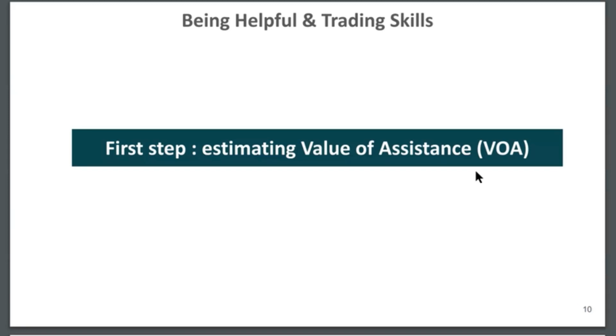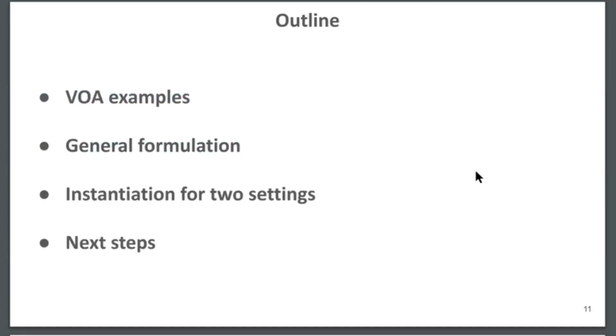So the first test that we started working on, and this is a long-term venture, is something we call value of assistance, which should sound familiar to you. It's the term we all know in this context: value of information. So it's an adaptation of value of information to robotic settings.